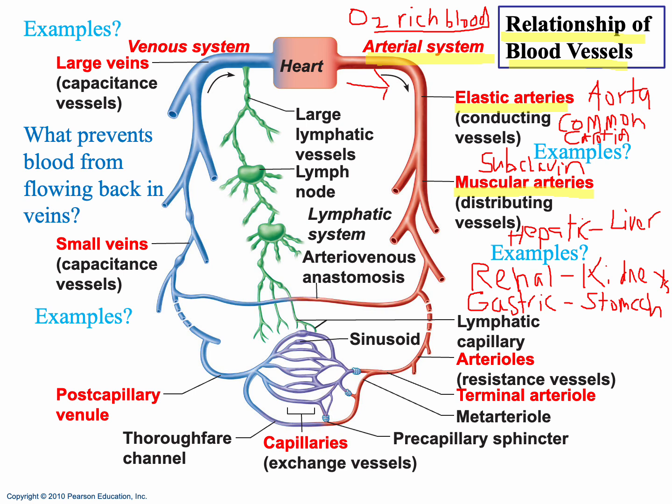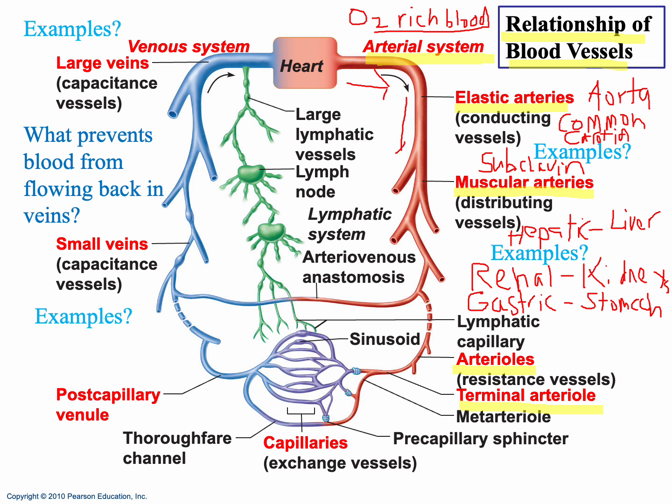Eventually, the oxygen-rich blood will make its way to even smaller blood vessels known as arterioles. Those are pretty tiny. Then eventually the blood supply will get to the last arteriole, known as the terminal arteriole. You can see the direction we're going in this picture.